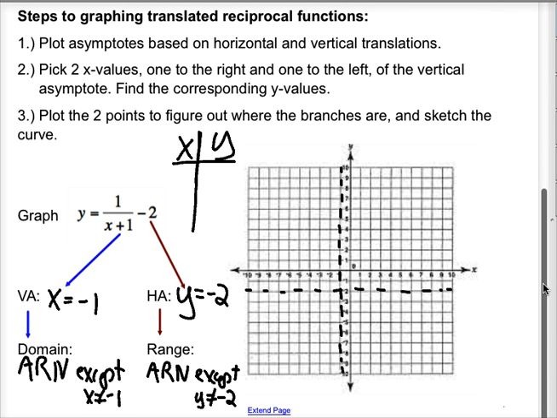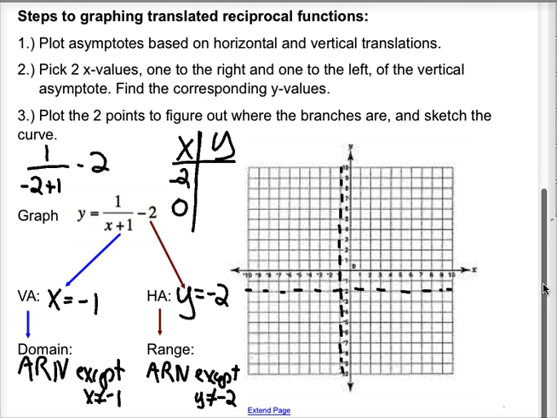So my vertical asymptote is sitting at -1. So that means the two values that surround it are -2 and 0. So you always look to that vertical asymptote, pick one x value to the right, one x value to the left. And now I have to actually calculate those values. So I plug in -2. So think of 1 over -2 plus 1, minus 2.